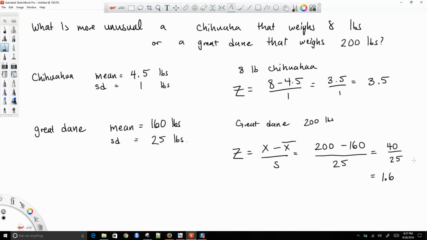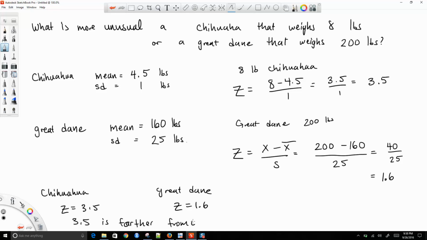Okay, so Chihuahua, the z is equal to 3.5. Great Dane, the z is equal to 1.6. Okay, so we'd say 3.5 is farther from 0 than 1.6. So it is more unusual.